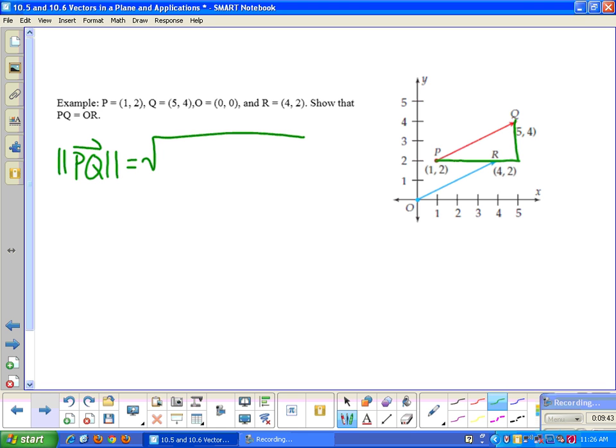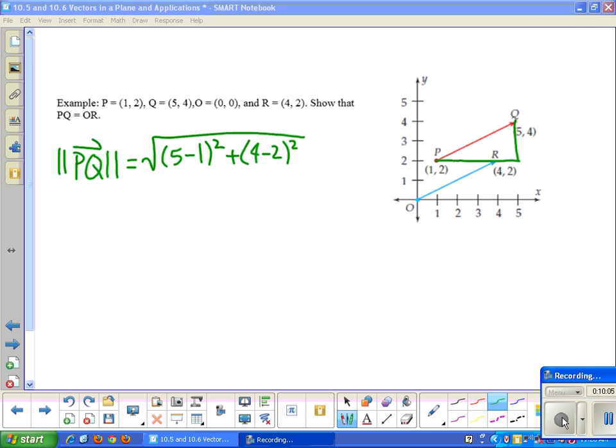So the square root of 5 minus 1 squared, plus 4 minus 2 squared would give us the length of PQ.